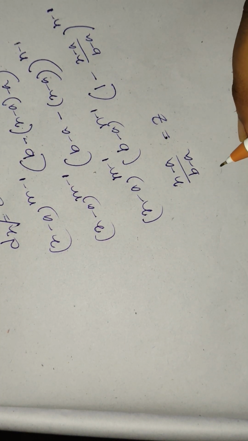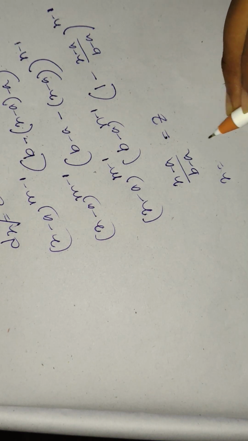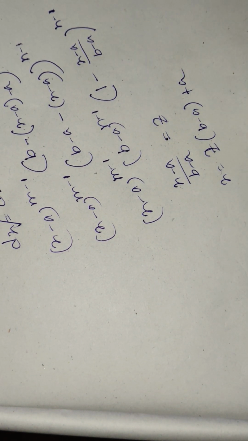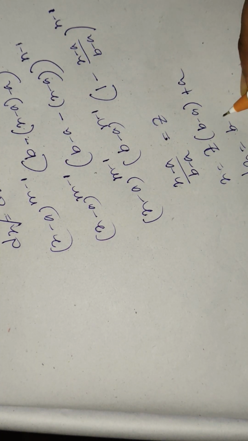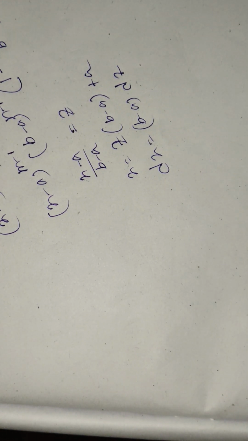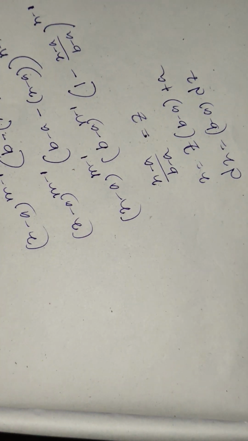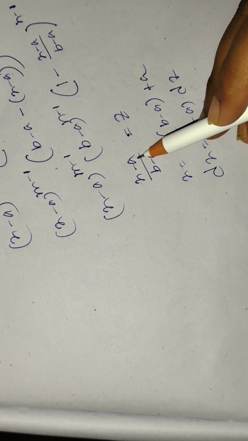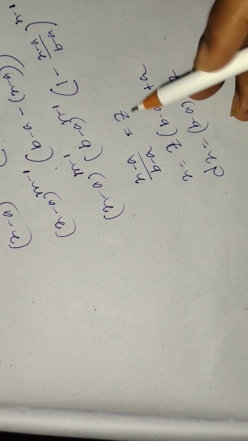You can see the value of x is nothing but z into (b minus a) plus a. So dx will be equal to (b minus a) into dz. I'm doing a simple step so that you can understand. So we are replacing this into this. So x minus a will be z into (b minus a) only.